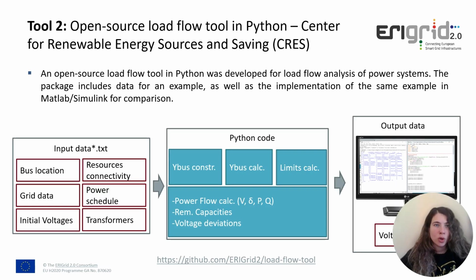Next is an open source load flow tool in Python, which was developed by the Center for Renewable Energy Sources and Saving in Greece. This tool is a load flow tool that is scripted, programmed in Python, and was developed for load flow analysis of power systems. The package includes data for an example, as well as the implementation and the sample example in MATLAB Simulink for comparison.